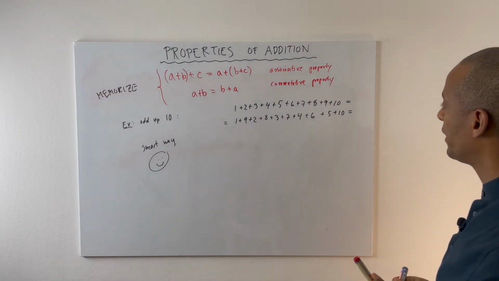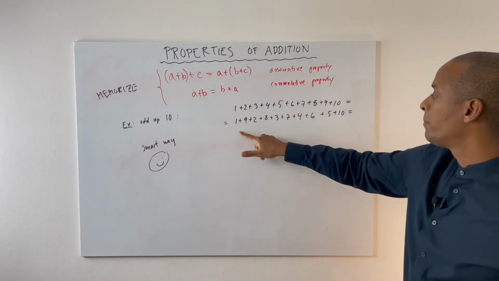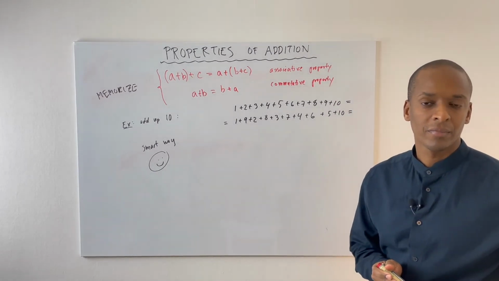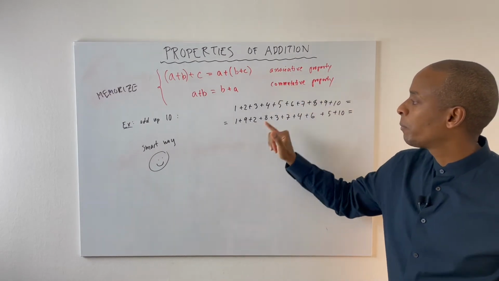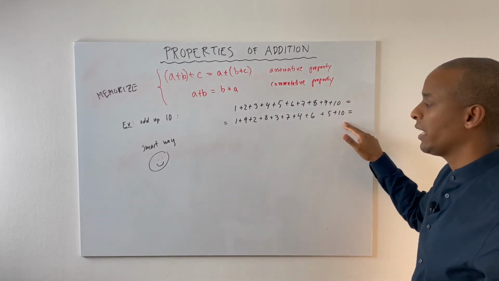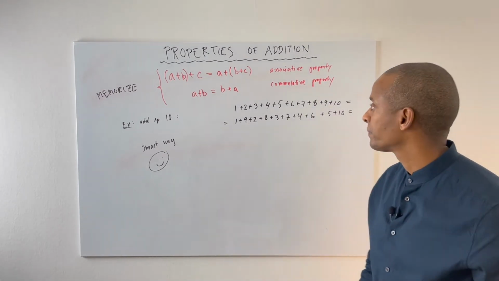So what do we have here? Here we have the same numbers that we have here, but I've written them in another order, okay? Because I've used the commutative property of addition. It means I can add numbers in any order I want. That's the trick.